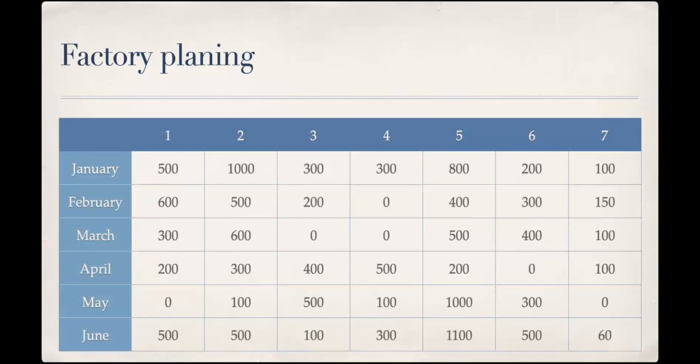The columns are product 1 to product 7. In January, you have to meet the demand of your customer: you have to deliver 500 of product 1, 1,000 of product 2, 300 of product 3, and so on.